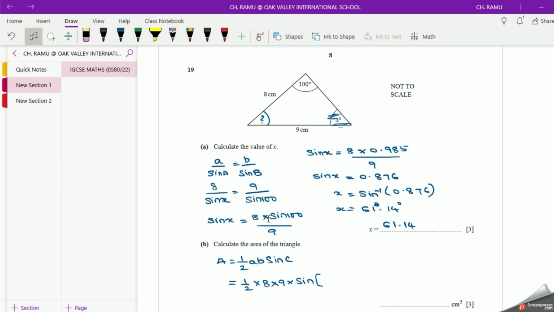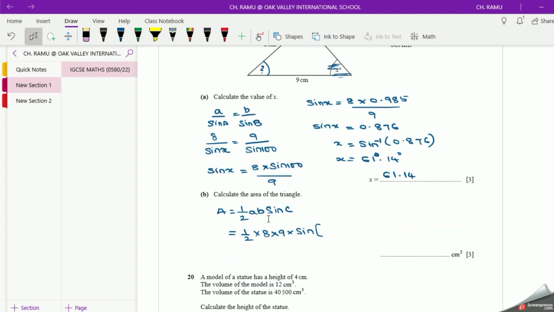So how can we write that? 180 minus 100 minus 61.14. So half into 8 into 9 into sin of 180 minus 100 minus 61.14, which is equal to 18.86.